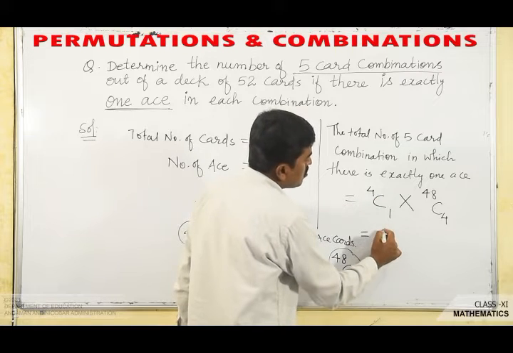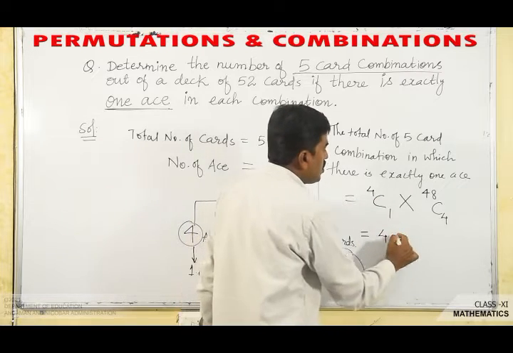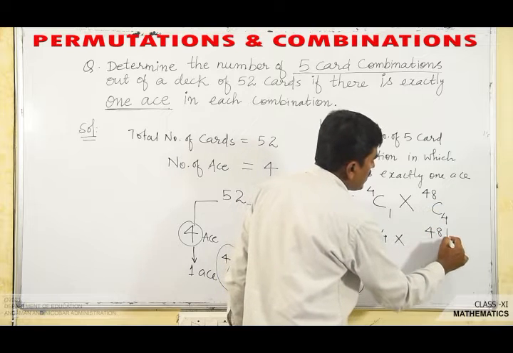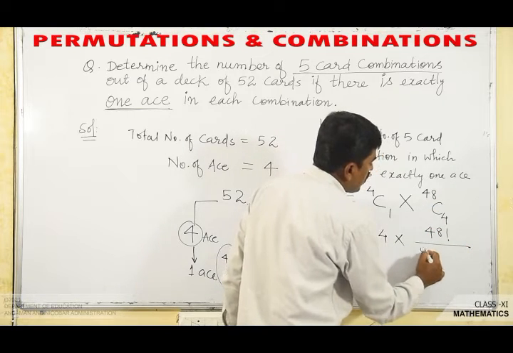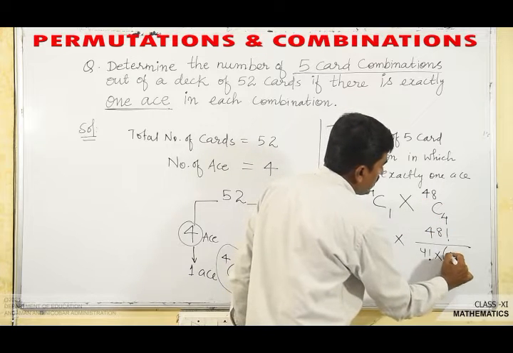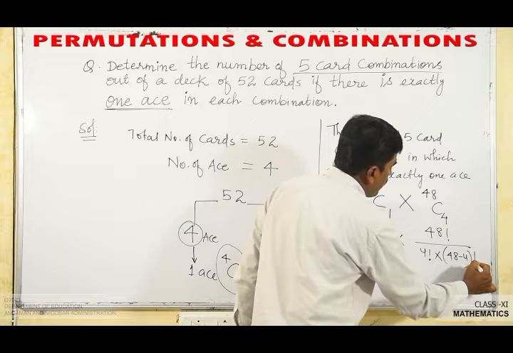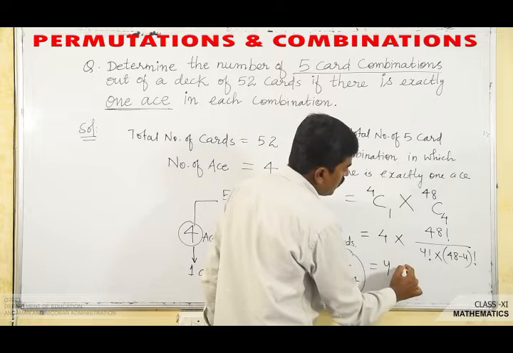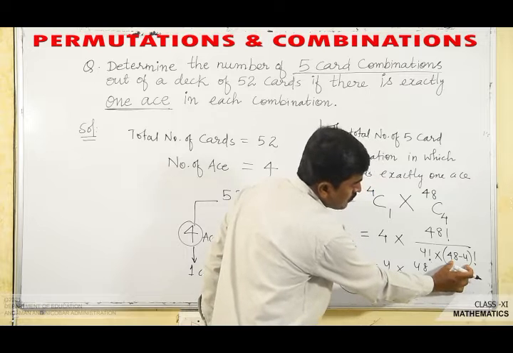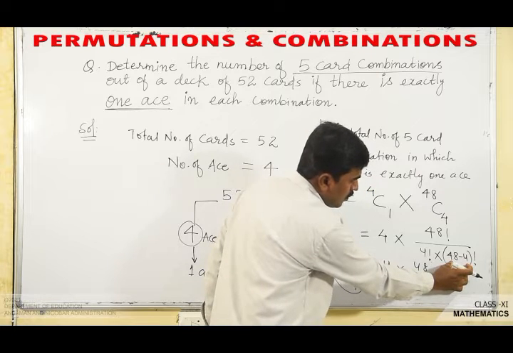You know how to calculate this. 4C1 is equal to 4, into 48C4, which is 48 factorial divided by 4 factorial into 48 minus 4 whole factorial. So this is equal to 4 into 48 factorial, and here 48 minus 4 gives 44 factorial.